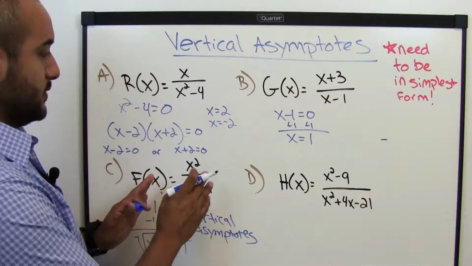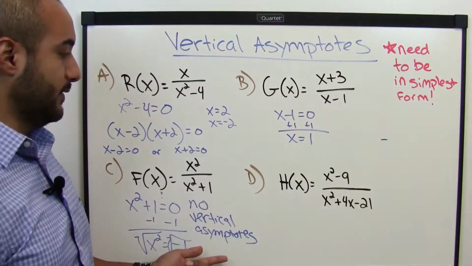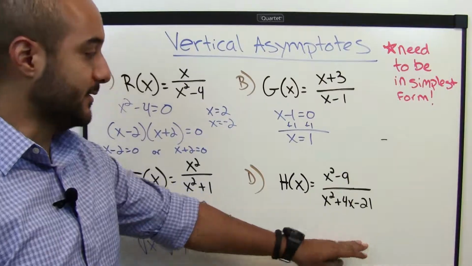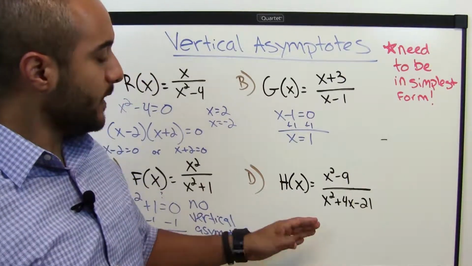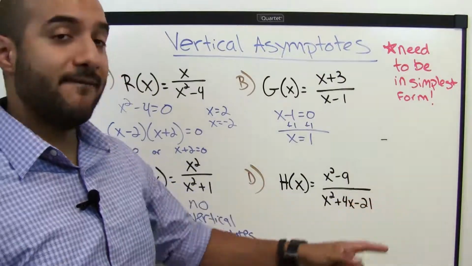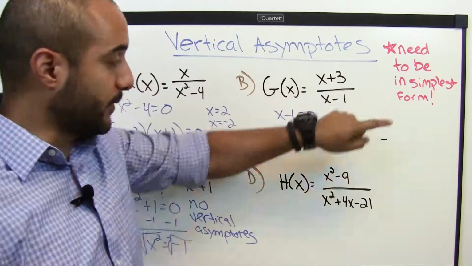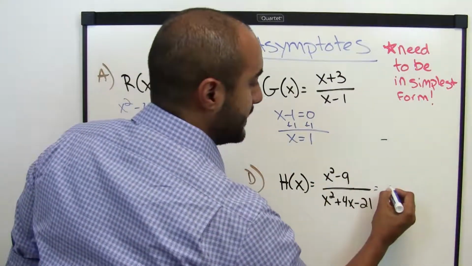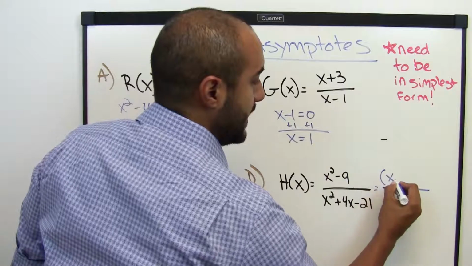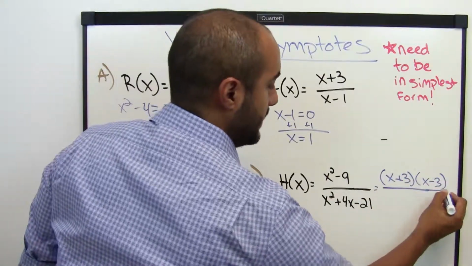Okay, so far we found 2, we found 1, we found none. Let's look at what happens here. When I look at this, there's a lot of things happening here for D. So I'm going to go ahead and factor this just to double check that it's in what? In simplest form. So I see a difference of squares, so I know that my numerator is x plus 3, x minus 3.